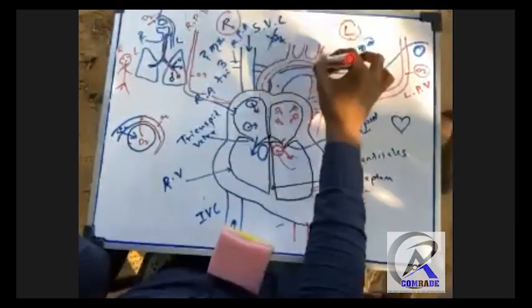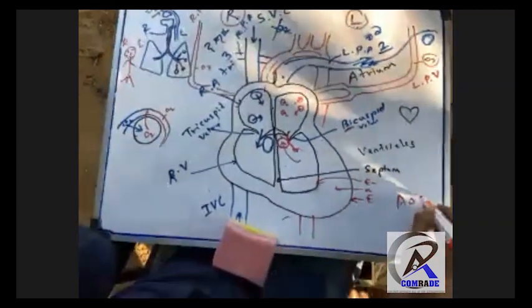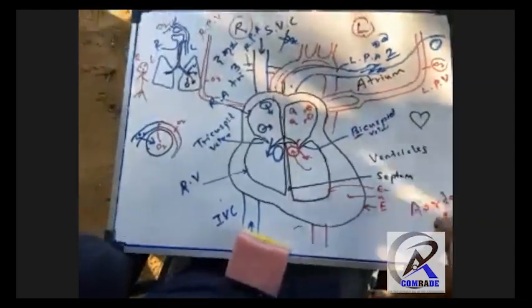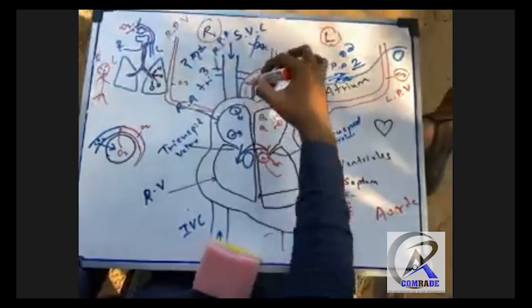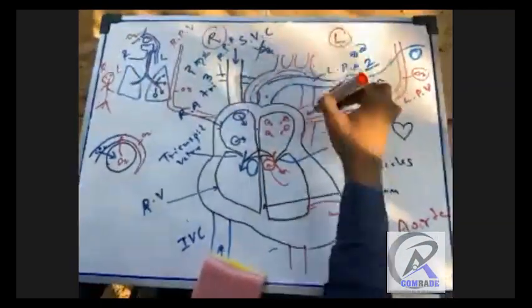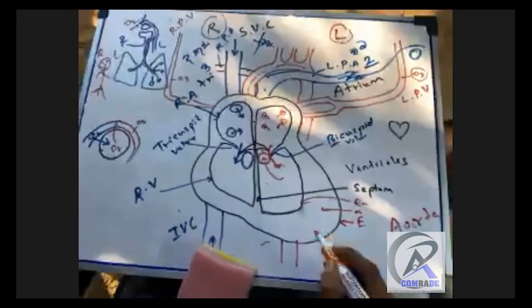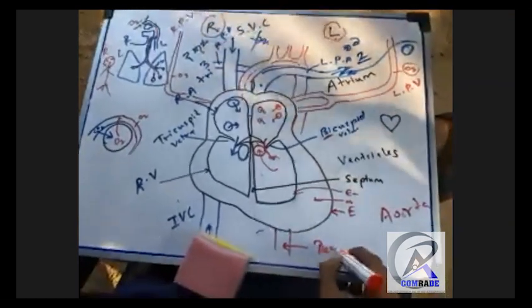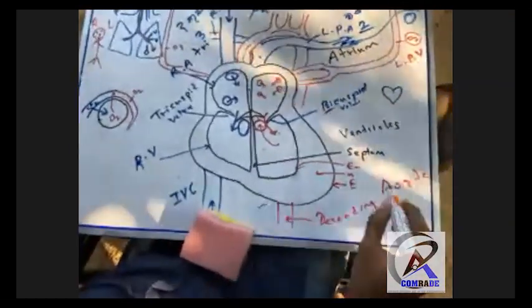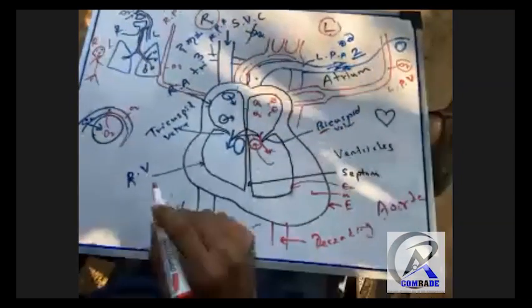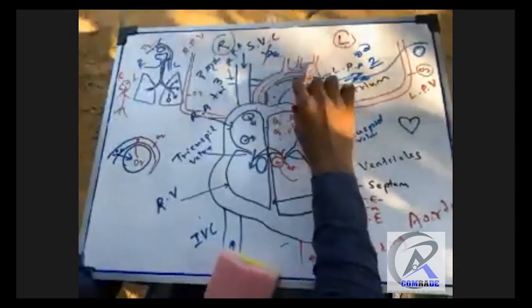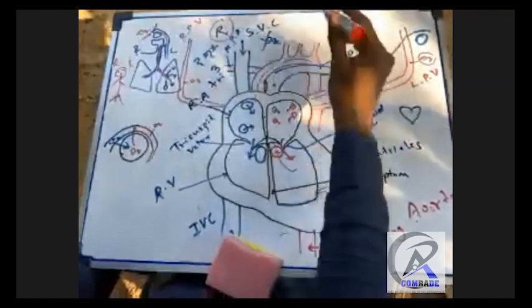This is the aortic arch. So ascending aorta, aortic arch, descending aorta. What is this? This is the descending aorta, right? Okay, and this arch, I'll just tell you the names, you don't need that.